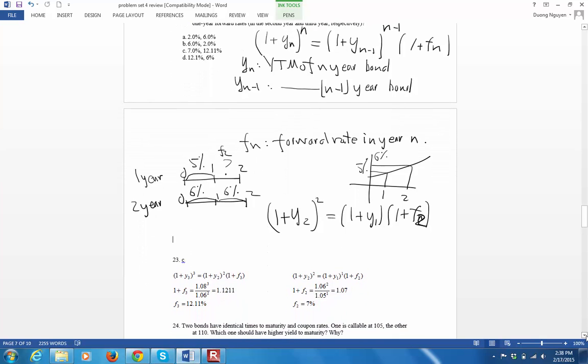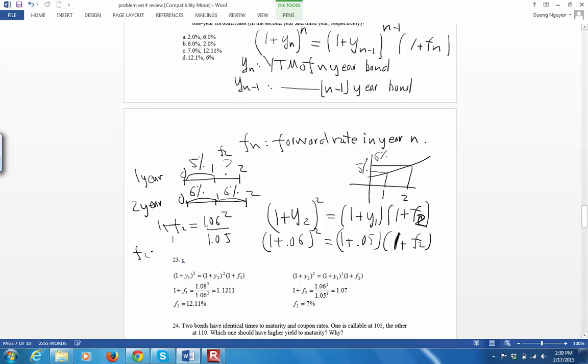You put all the information in. You know that the yield to maturity of the 2-year bond is 6%. So (1 + 0.06)^2 equals (1 + 0.05) times (1 + f2). What it means is 1 + f2 equals 1.06 squared divided by 1.05.